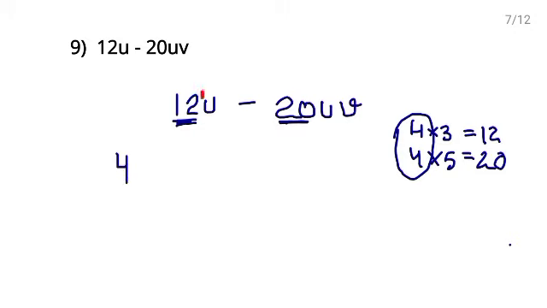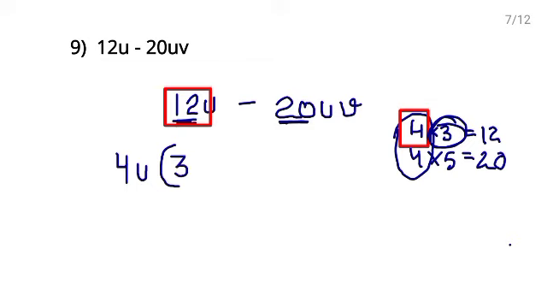If you have observed, this u is also common, दोनों में u common है, so we will take u also common. So now inside the bracket what do you have? 12 आपके पास already था, but आपने क्या common ले लिया? आपने 4 common ले लिया. Now you are left with this 3 क्योंकि 4 3s are 12, right? 4 का टेबल रीड करेंगे, 4 3s are 12 ना, so we will be left with 3.